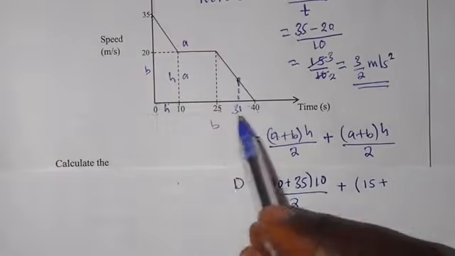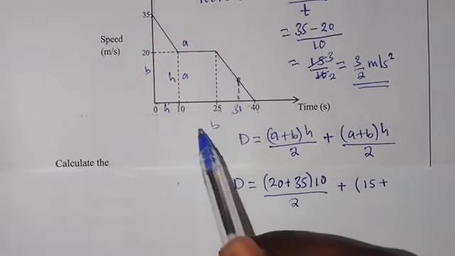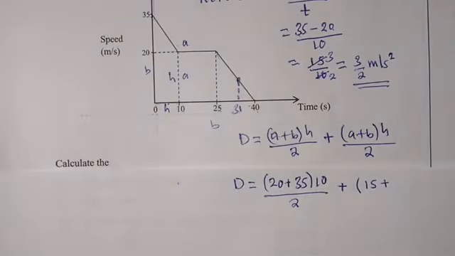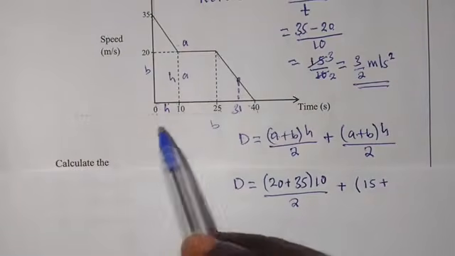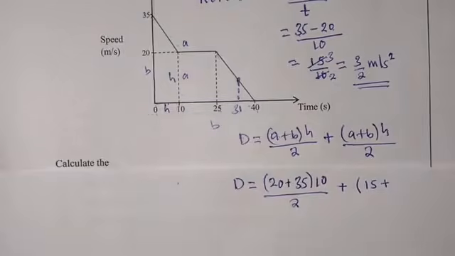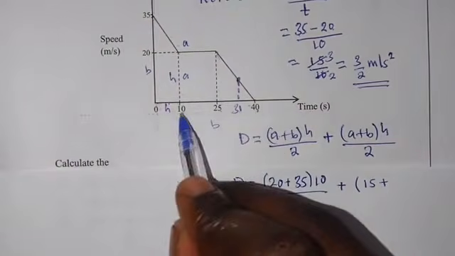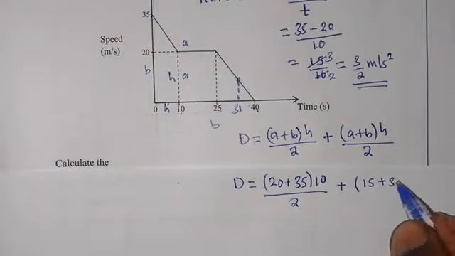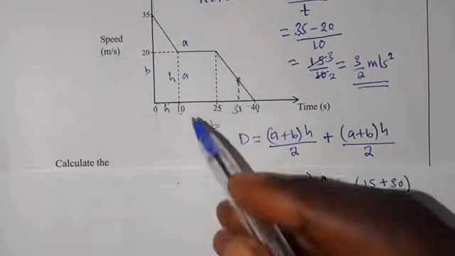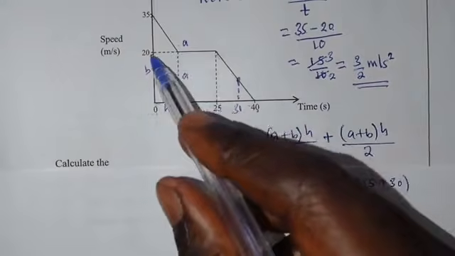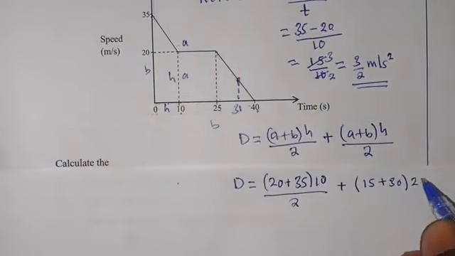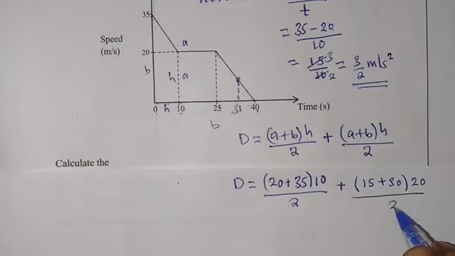Which one are we going to get for b? For b we can get this: 40 minus this 10, this will give us 30. Then the height from here to here, we have 20 right here, you can see, over 2.